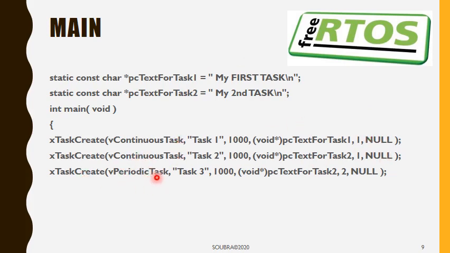And the periodic one has a priority of 2, and this is so stupid because this one has no parameter. This should be null. So let's correct that. So this one is null. This is what happens when you do a copy paste. Alright, so we're good to go, and we're going to kick off the scheduler.